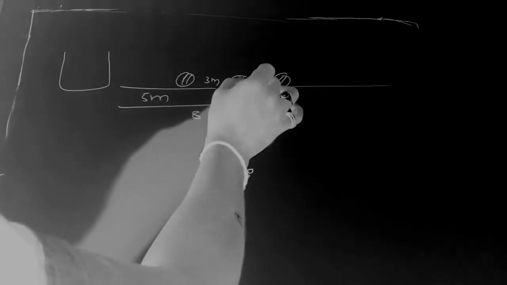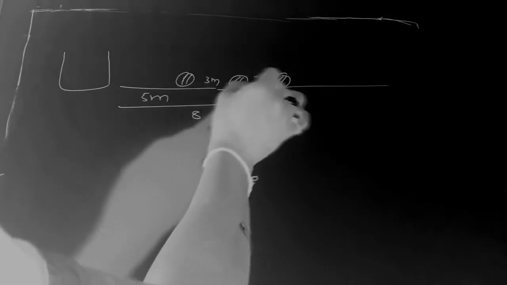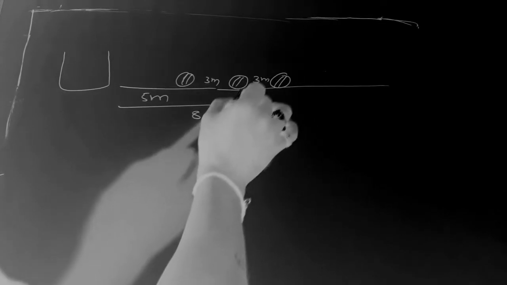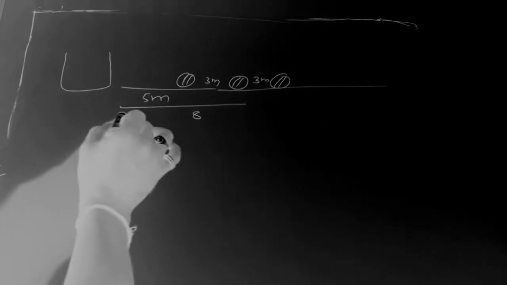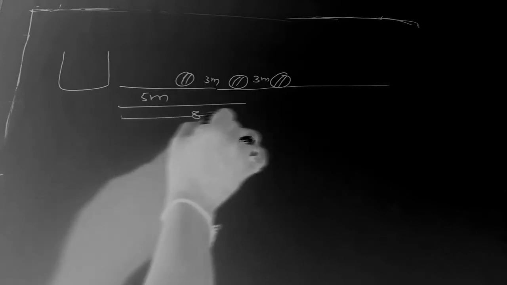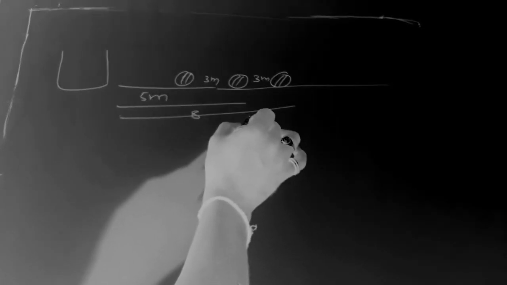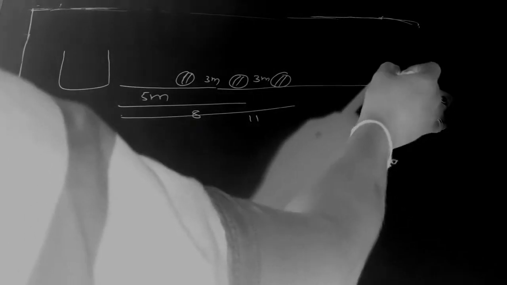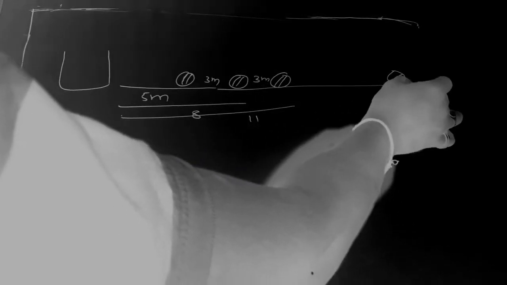So here to here the total distance is 8. Third ball is placed again at a distance of 3 meters. From second to third the distance is 3 meter. Total distance from the basket is nothing but 11 and so on. So how many balls are there? 10 such balls are there.